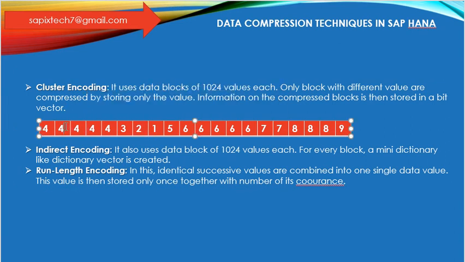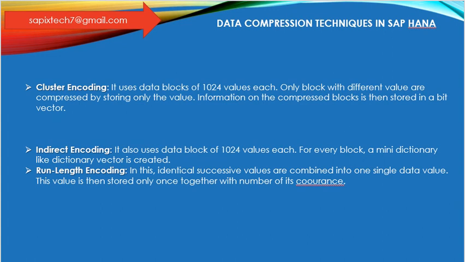So now let's see how cluster encoding works. Let's create some hypothetical data, and we assume that this is stored in memory. So let me design one table, a new table.